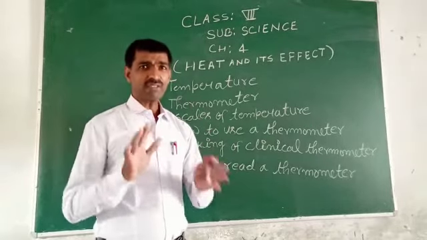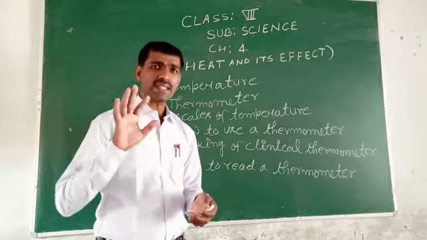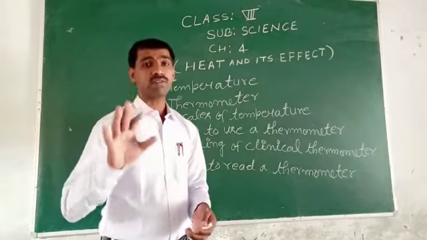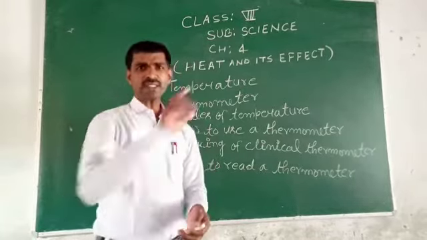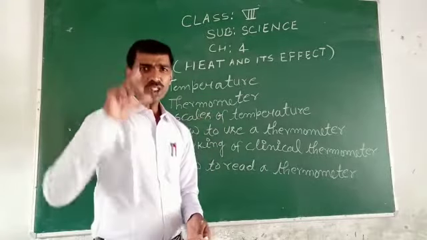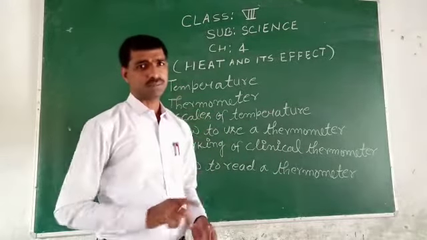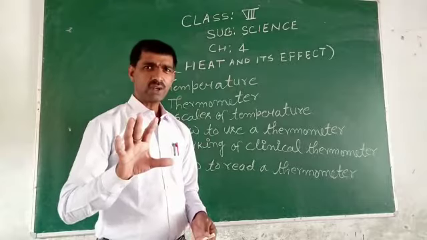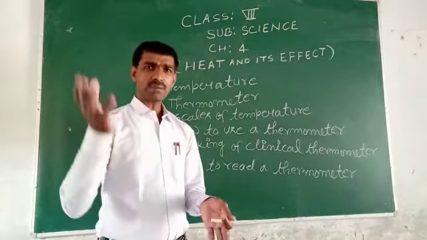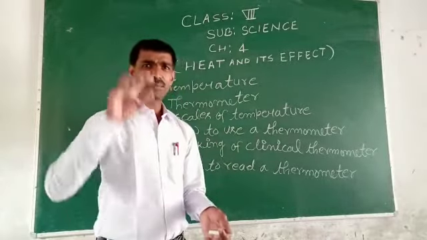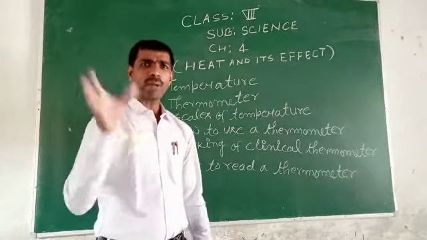If the forehead is warm, we can say that the person is suffering from fever. But we can't say what the body temperature of the person is. By touching, we can only say that things are very hot or very cold.